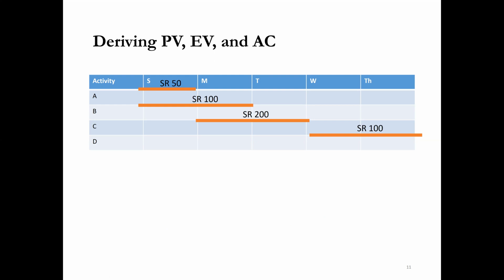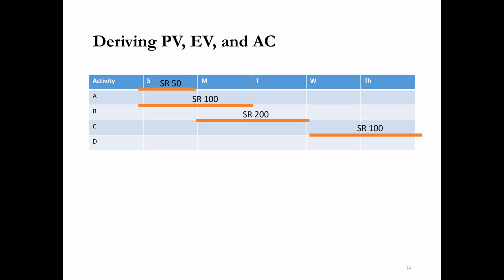There are four activities, A, B, C and D, which we have planned to complete over Sunday, Monday, Tuesday, Wednesday and Thursday. So these activities are spread over 5 days. Activity A is for Sunday, and its cost is 50.